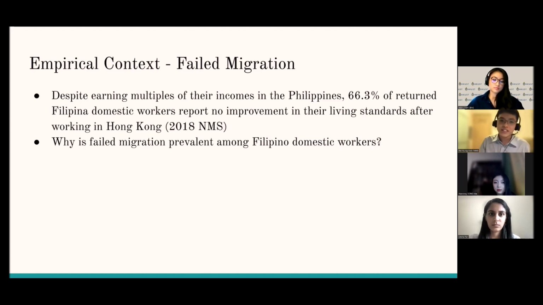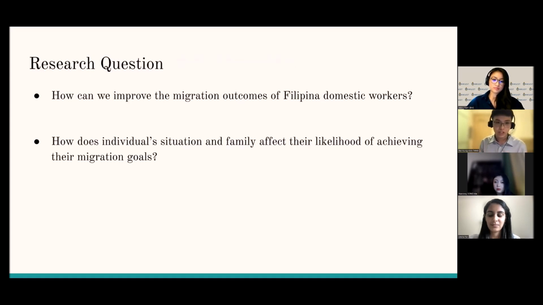Then the interesting question arises: why is failed migration prevalent among Filipino domestic workers? This has bugged, I guess, years of UROP teams, and previous teams have investigated the issue of borrowing behavior of Filipino domestic workers, conducting experiments and surveying them. However, in our round of fieldwork, we were interested in understanding 2 separate questions.